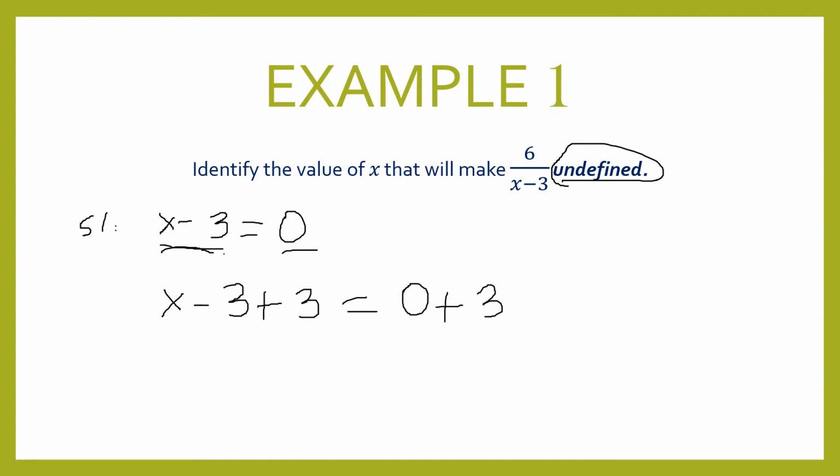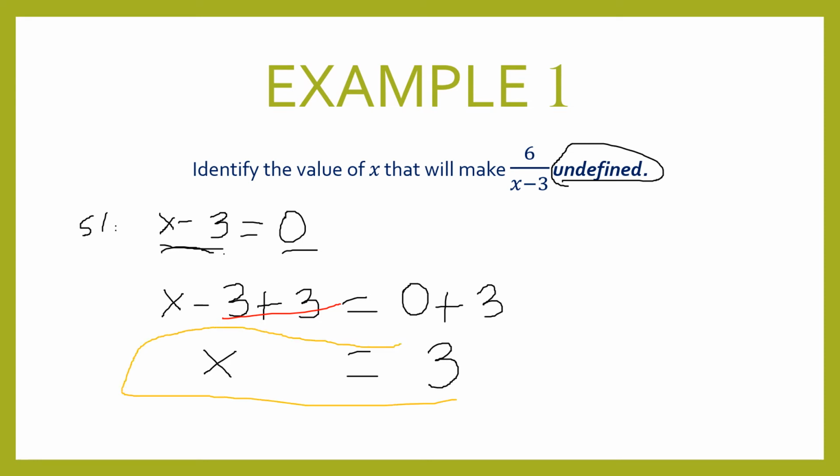So, now, simplify. So, negative 3 plus 3, that is equal to 0. So, cancel out. Ang natira sa left side of the equation is x equal. So, 0 plus 3, so that is 3. Now, going back to the question, what is the value of x? Therefore, the value of x is equal to 3.